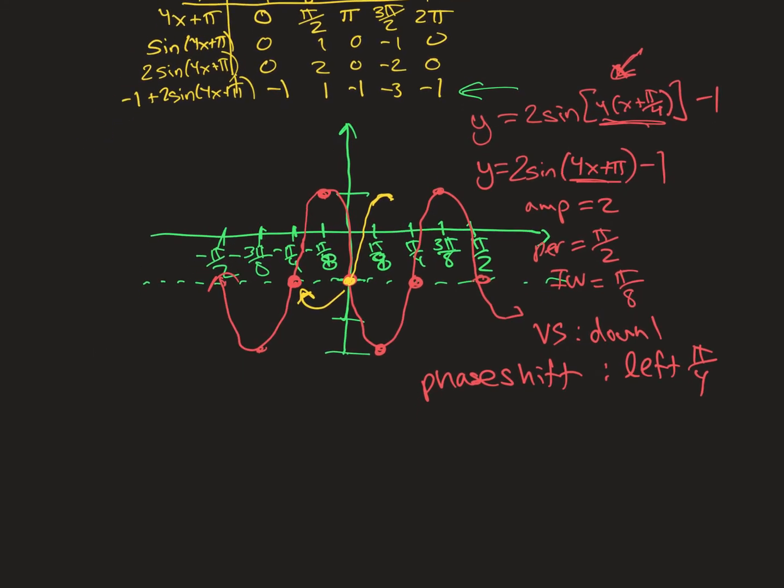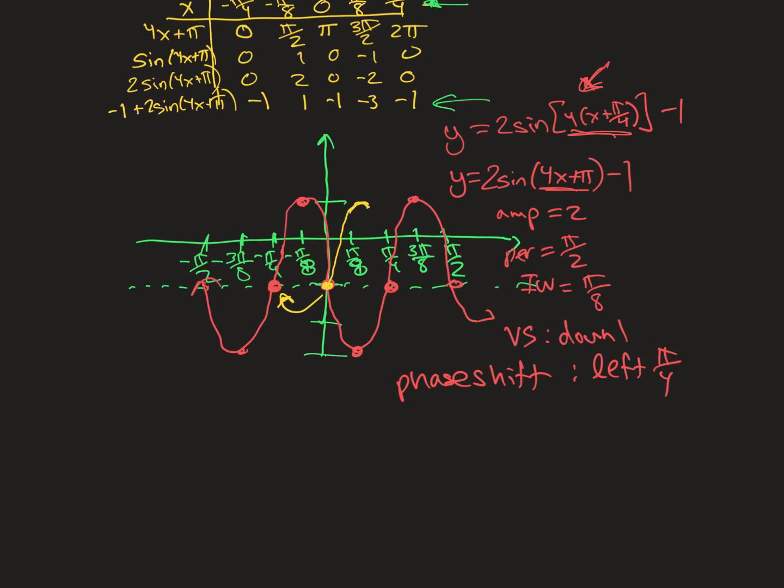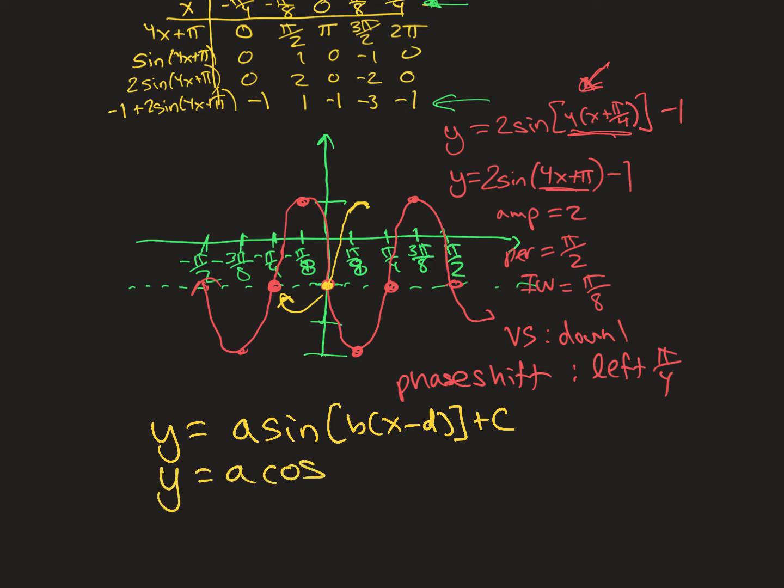So just to sum up, let's add everything in here, and it can be sine or cosine of x. I'll call this one d, I guess, plus c. And again, we can do it for cosine as well. So we said amplitude is a, absolute value of a rather, period equals 2 pi over b.